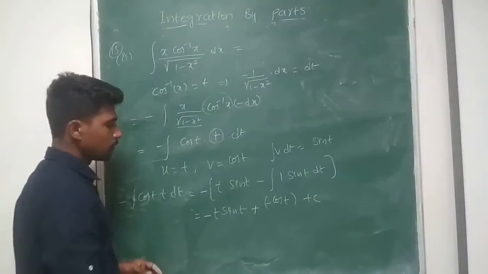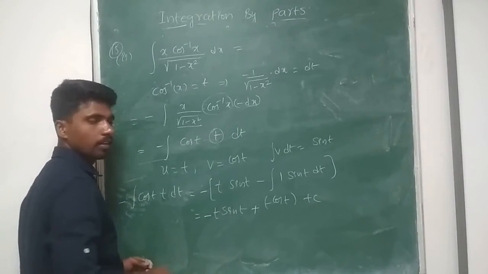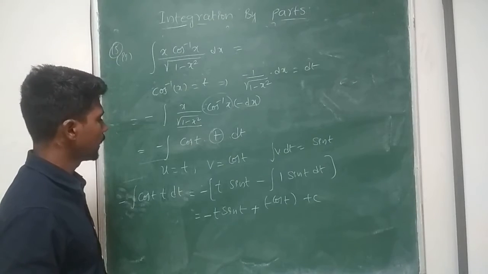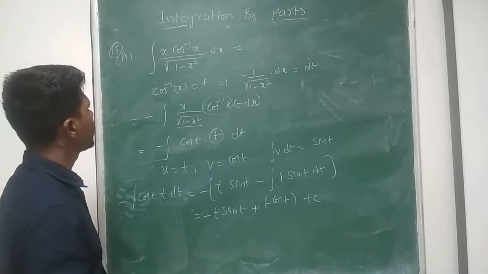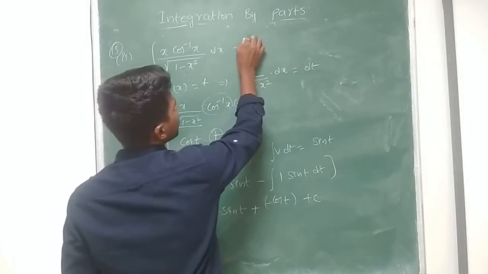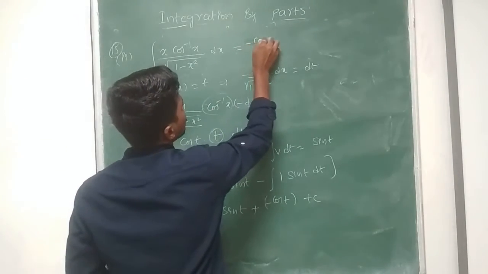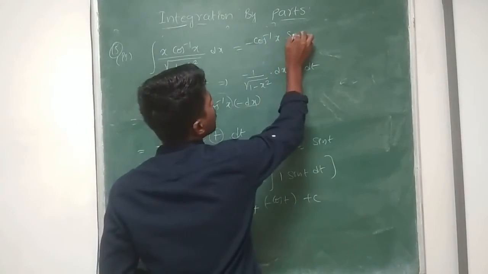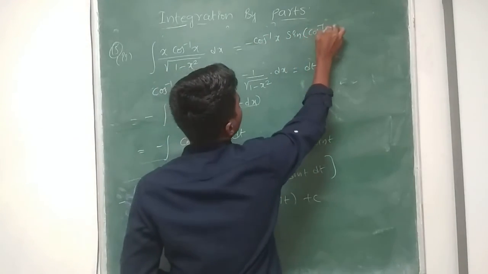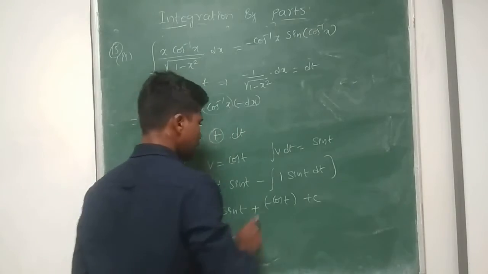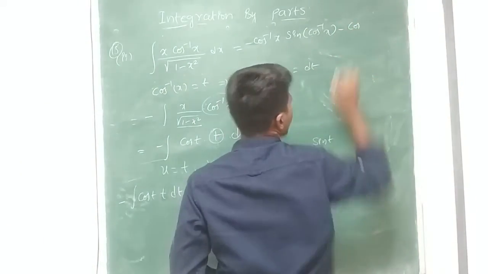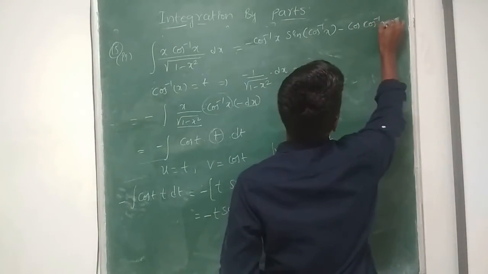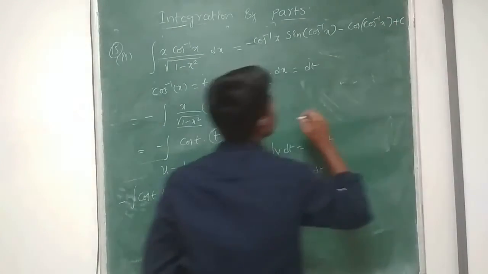Now write the answer in terms of x. I got the answer in terms of t. Express the answer in terms of x. Okay, t can be replaced as cos inverse of x. So I get minus cos inverse of x into sin of cos inverse x, plus into minus minus cos inverse x, plus some constant c.